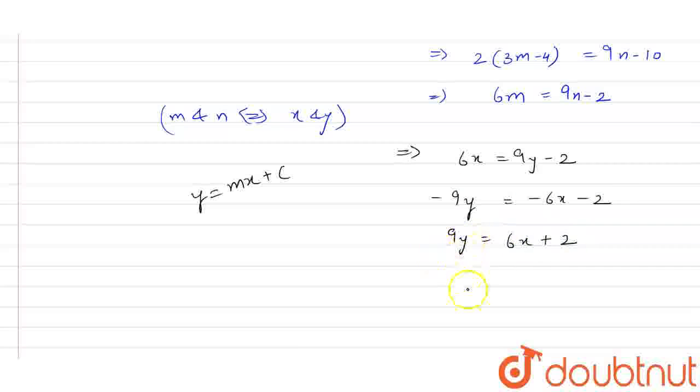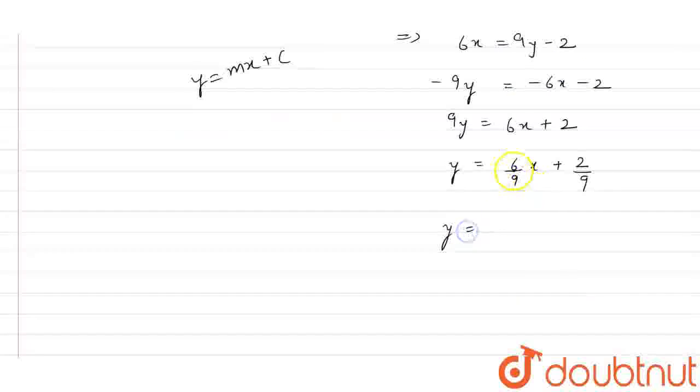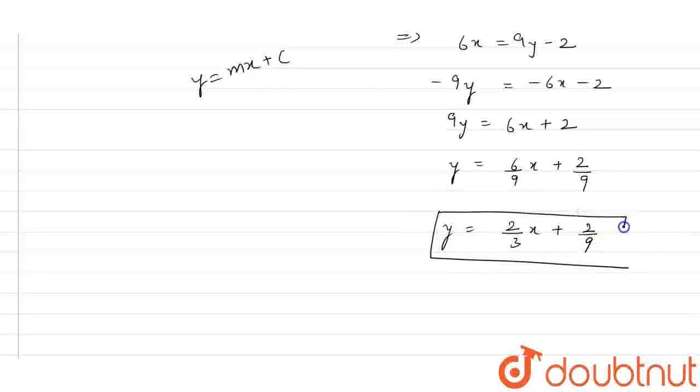Here the coefficient of y has to be 1, so it will be 6 by 9 x plus 2 by 9. So it will become y equals 2 by 3 x plus 2 by 9. So this is the equation of the locus we were looking for.